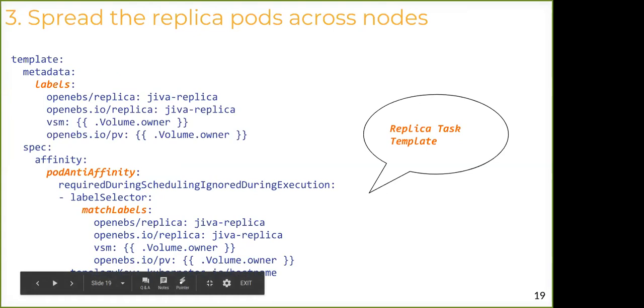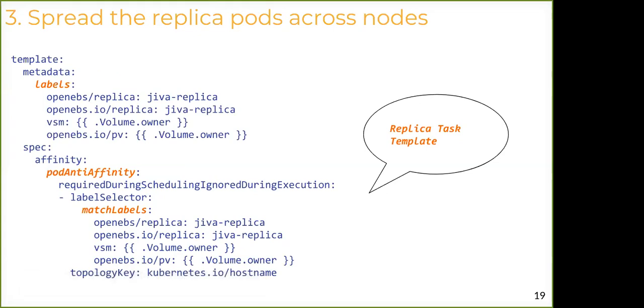This is a very simple logic where a replica pod will match another replica pod. And obviously, a replica pod belonging to volume V1 will not repel a replica pod belonging to volume V2. Why? Because of these constraints. We have the volume owner, which is nothing but the name of the volume. So it understands which particular replica pod to repel, rather than trying to repel the broader category of replicas.